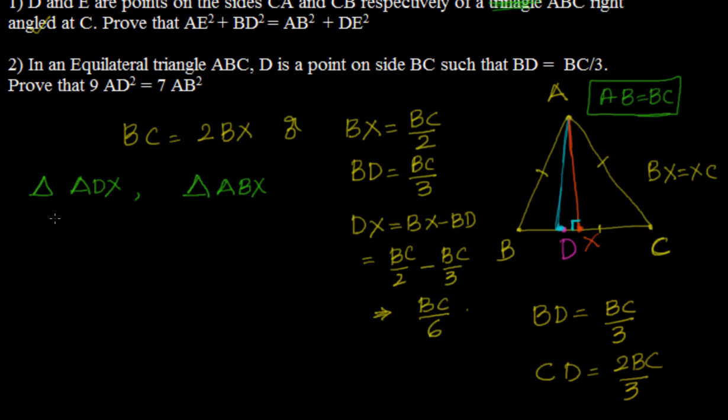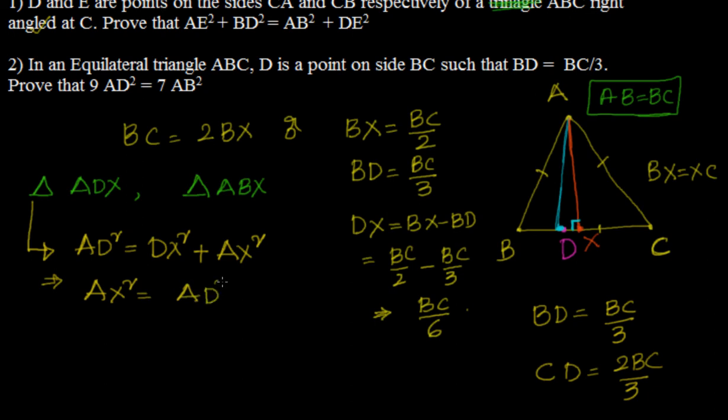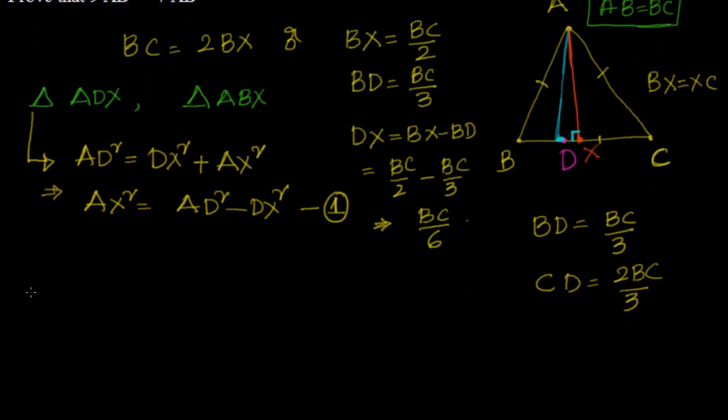Okay, let's go ahead. In triangle ADX, what can we say? AD square is equal to DX square plus AX square, or can I say AX square equals AD square minus DX square. I'll keep this as equation 1. The idea is to equate AX from both the triangles.